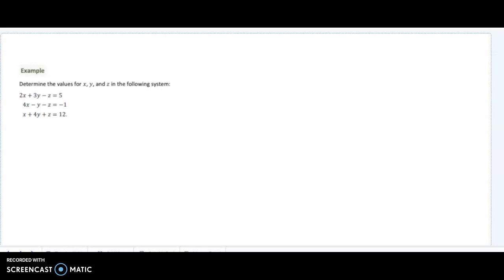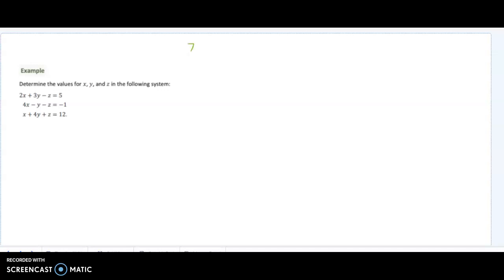Okay, now we're solving one that has three different variables and three different equations. So here's what we're going to do. Let's go ahead and subtract the first two.